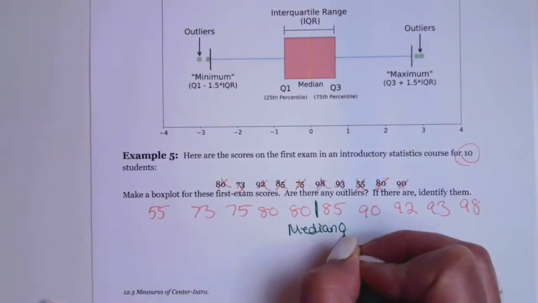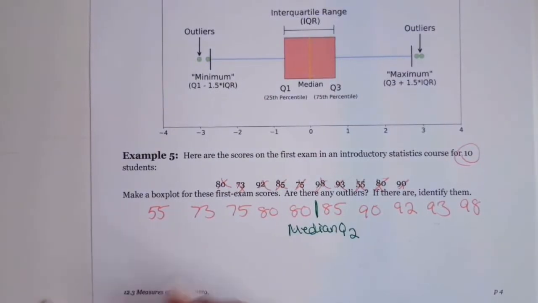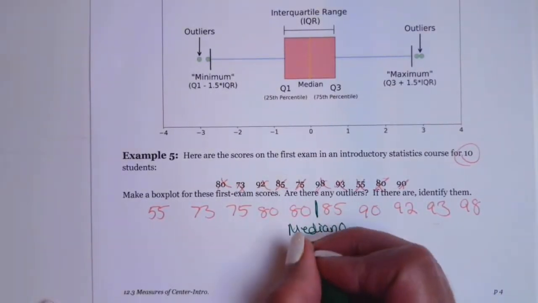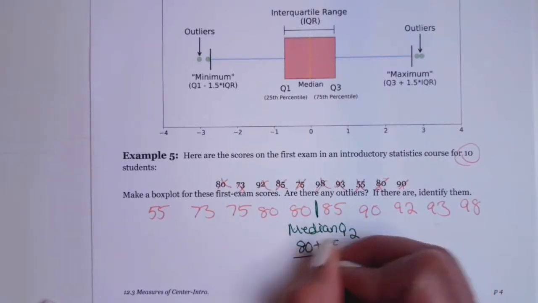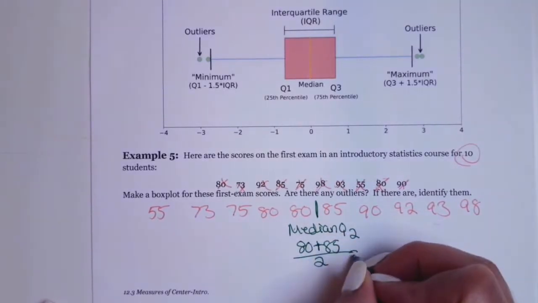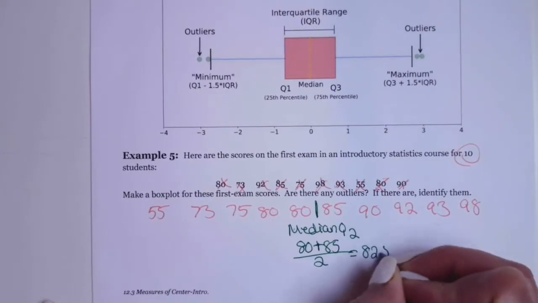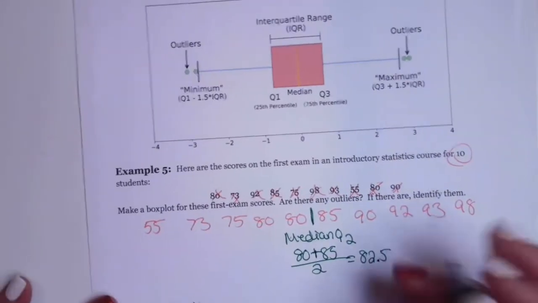Here's our median, which is quartile 2. So we need to calculate it: 80 plus 85 divided by 2, and we get 82.5. We're going to leave that decimal right now.